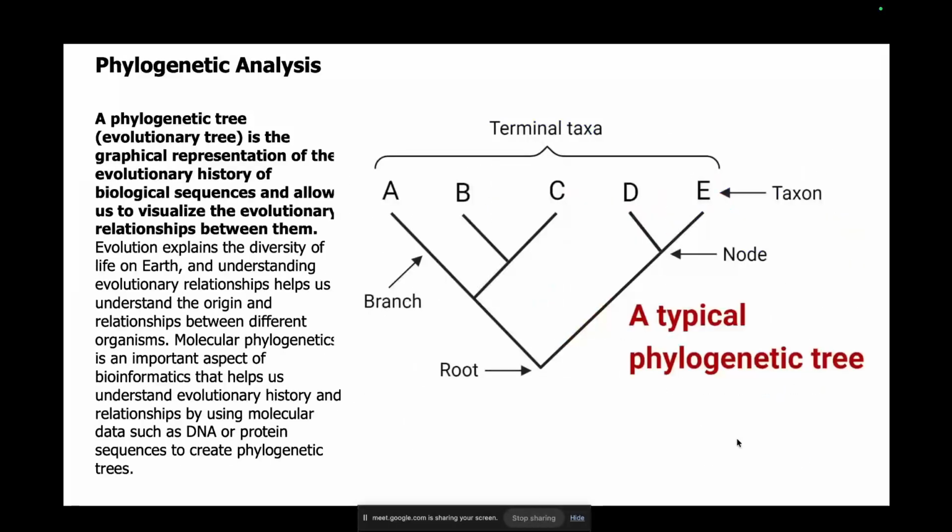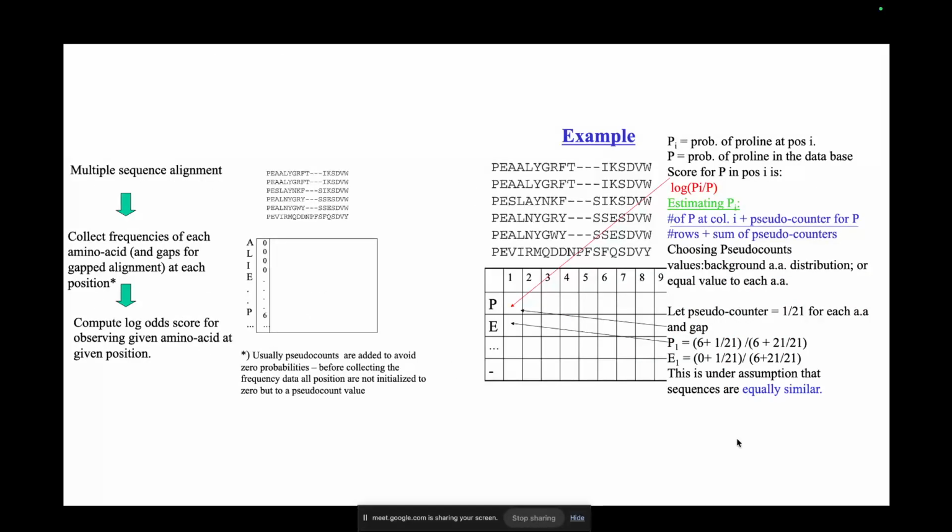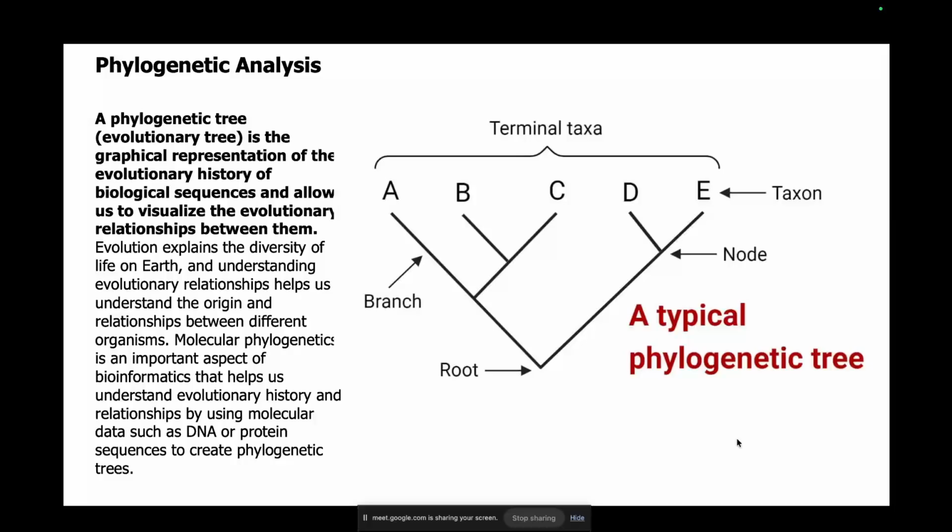Okay. Now I'll talk about another part of the course that has been taught to you, which is phylogenetic analysis. Till here we have been comparing sequences, comparing profiles of the amino acids in these sequences. Now, based on this comparison, if there are similarities or differences, we want to quantify that.